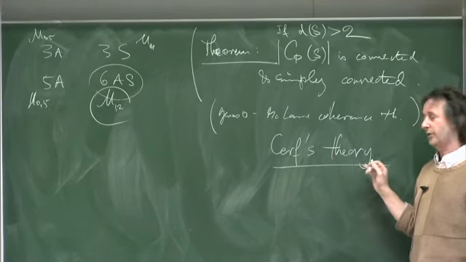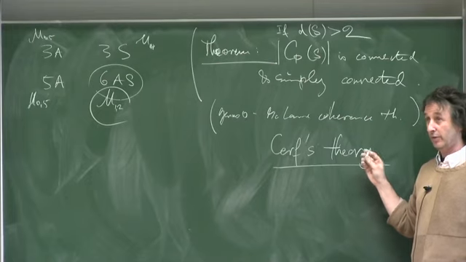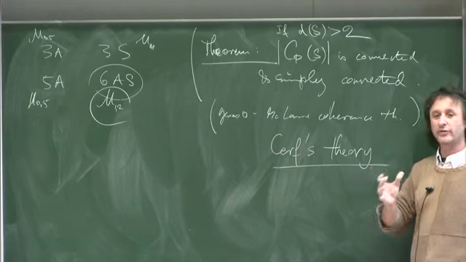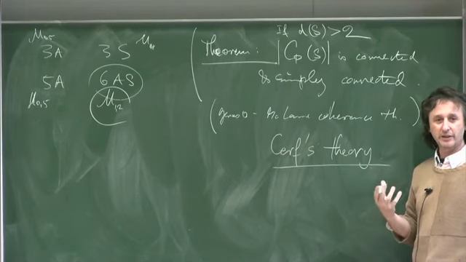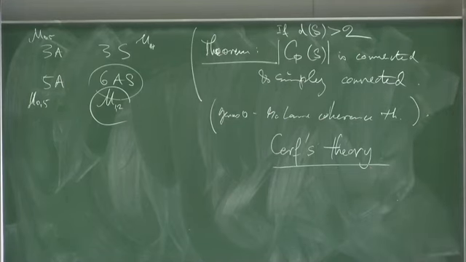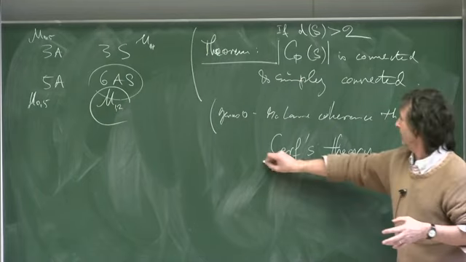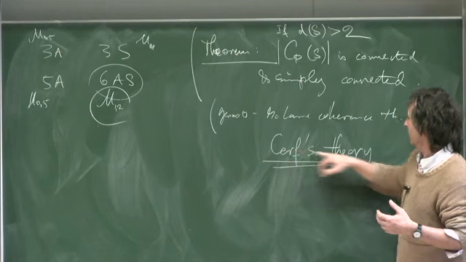Cerf theory tells you what happens to the bifurcation of Morse functions on a surface. You can take a Morse function on a surface, look at its critical points, and then look at the global bifurcation of critical points of a Morse function. That's a complicated theory devised by Cerf.